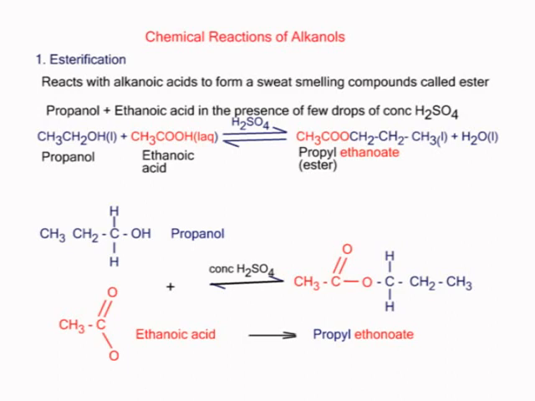So I have propyl ethanoate. Propyl ethanoate is the structure there. But notice that you can turn the structure to start with the blue side. Try that and see. So the structure doesn't change. Its name will still remain propyl ethanoate. And this is the beauty about organic compounds, that you can write the structures from any side, from any direction, and it doesn't change the name of the structure.